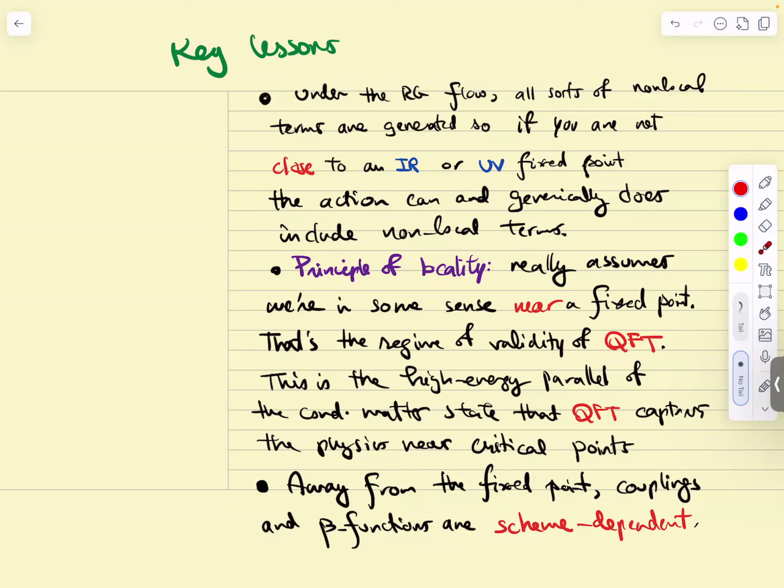Another thing that's very important, and I don't have time to explain it, is that away from the fixed point, couplings and beta functions become scheme dependent. Scheme dependence here means they depend on the choice of K. Physical observables shouldn't. So non-perturbatively, beta functions are not observables. Couplings are not observables. Things get a little bit tricky.